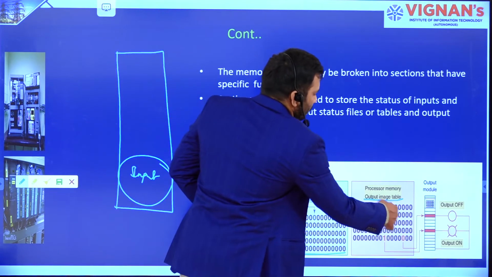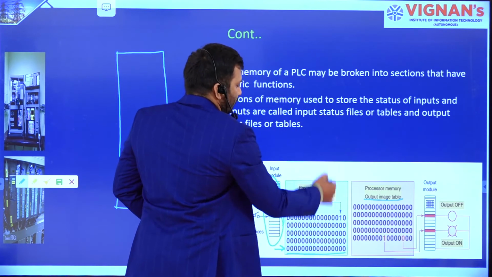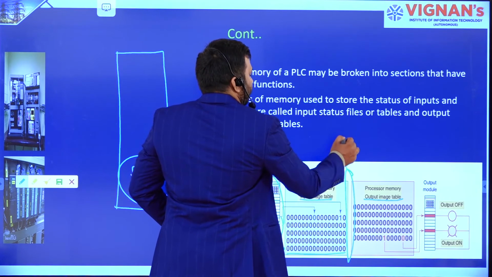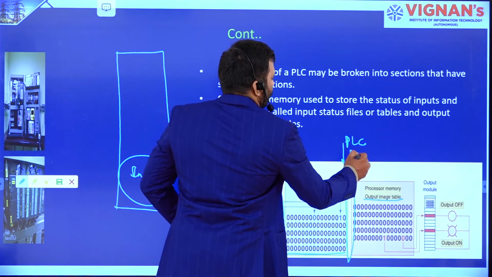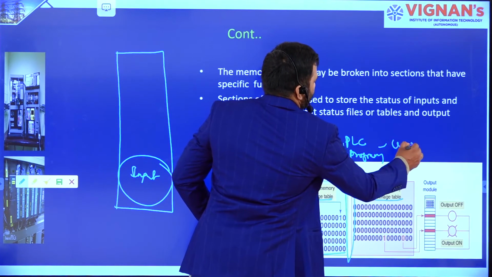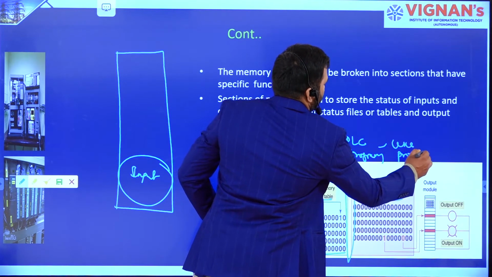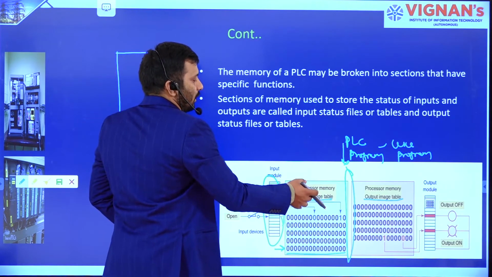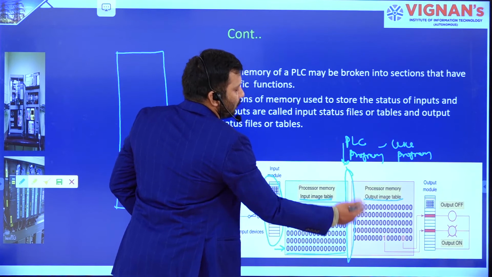So the output image table means, after doing some program in the middle by the PLC program, this is the user program, after execution of the user program, this output image table is going to be updated.